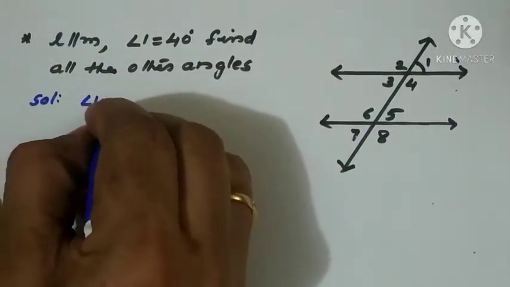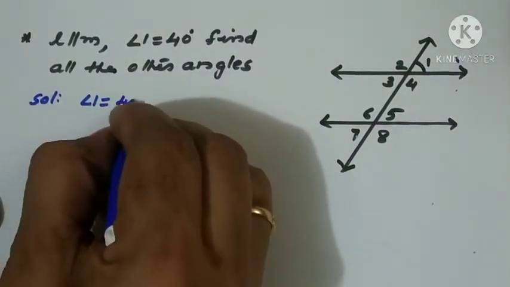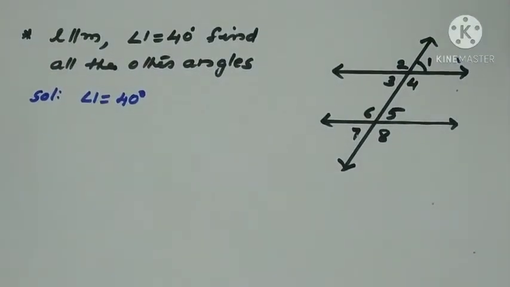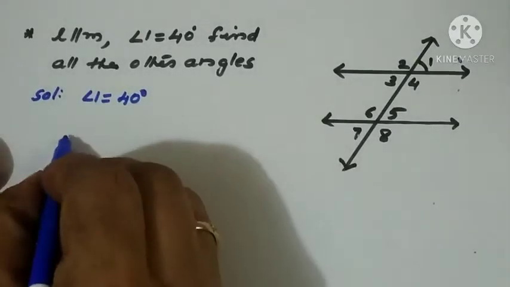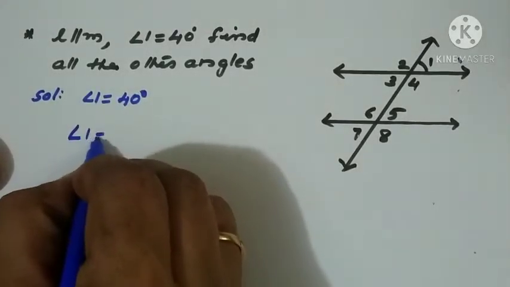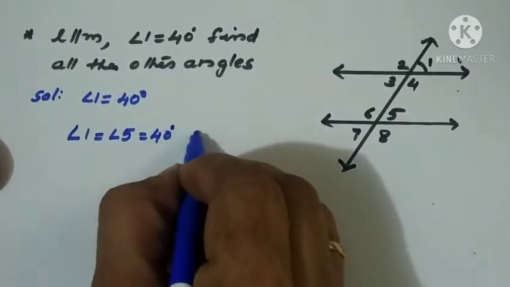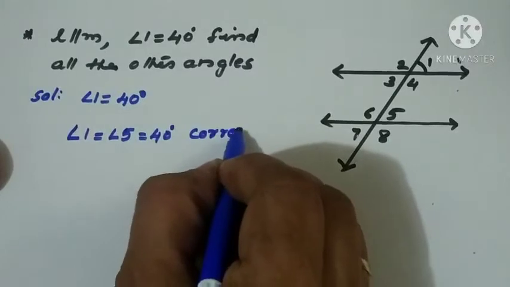So always we will finish the corresponding angles first. So angle 1 equal to angle 5 equal to 40 degrees. What is the reason? Corresponding angles.